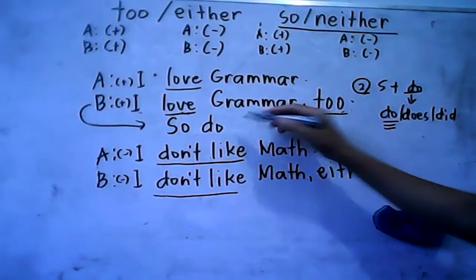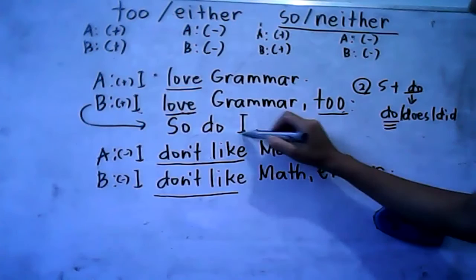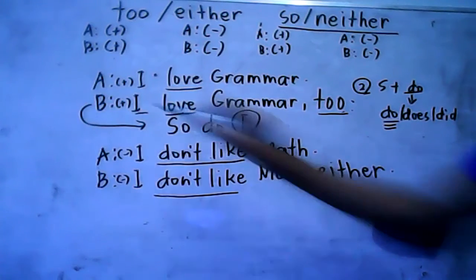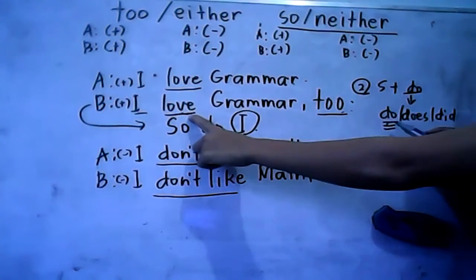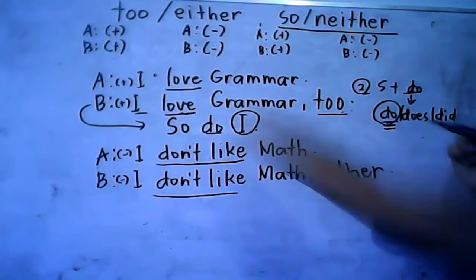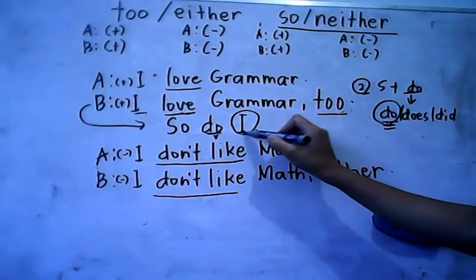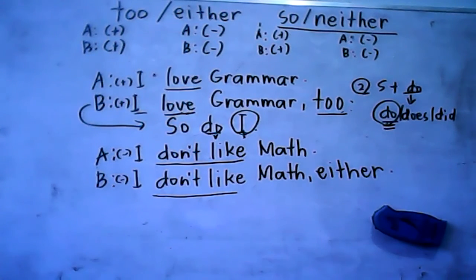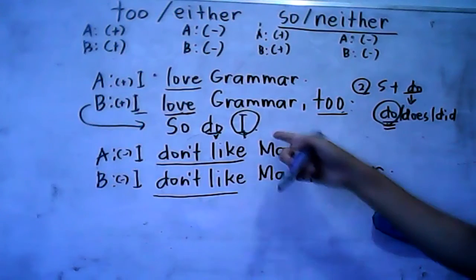I love grammar too is the same as so do I. Where did we get I? Here. Why did we use do? Because we have only one verb and it's not a be verb and it's present. So do I. We put the verb in the middle and then your subject at the end. Okay? So I love grammar too is the same as so do I.